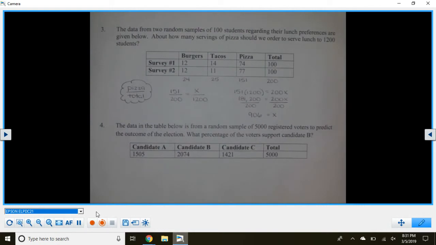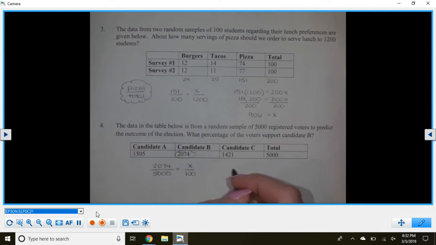Example number 4. The data in the table below is from a random sample of 5,000 registered voters to predict the outcome of the election. What percentage of the voters support candidate B? So candidate B has 2,074 voters out of the total population of 5,000 people surveyed. We want to know the percent, and percent is always out of 100.